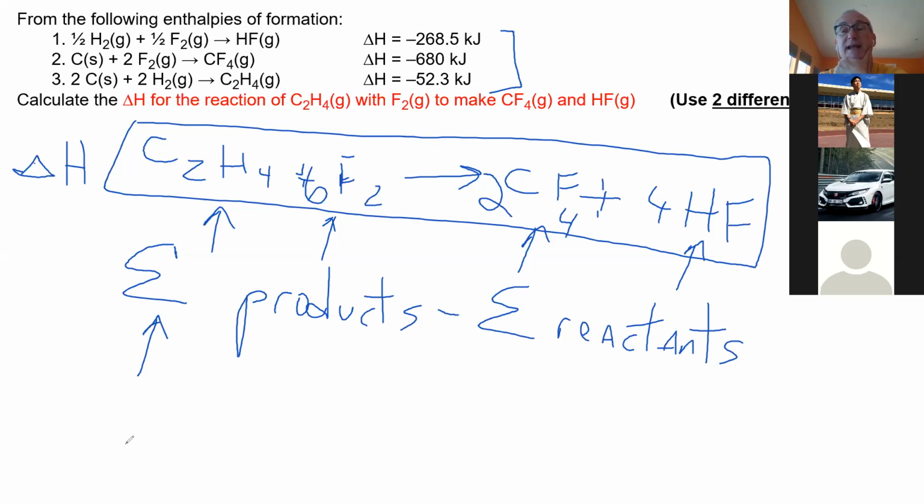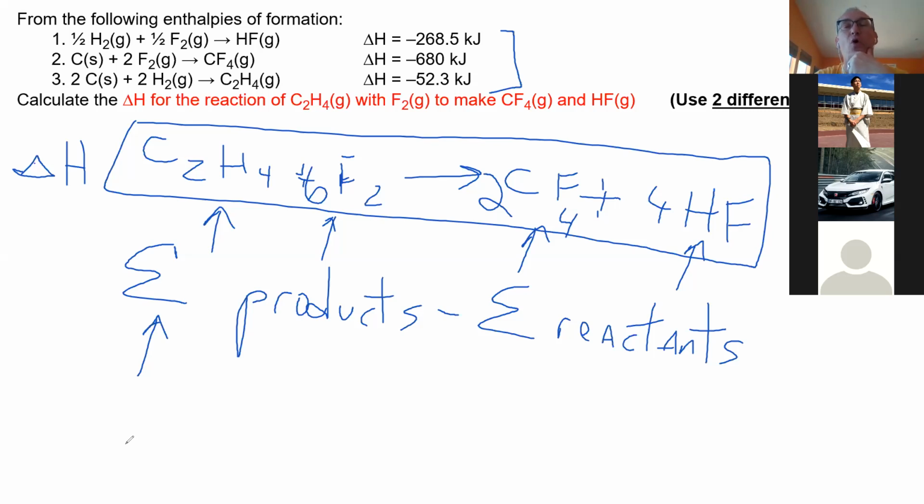It's just like Hess's law. If I'm forming something, creating something else, breaking something else down, flipping equations around, what values of delta H could I put in there?